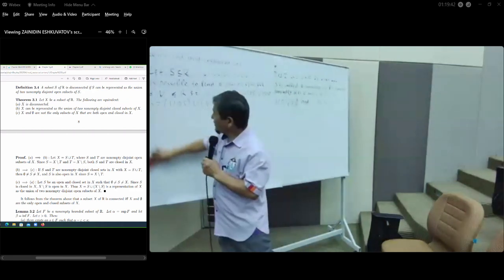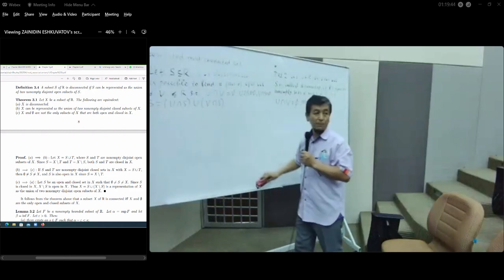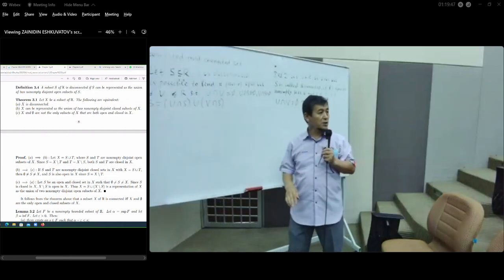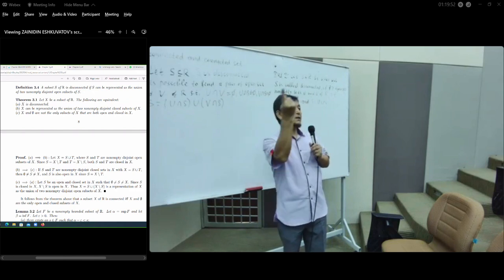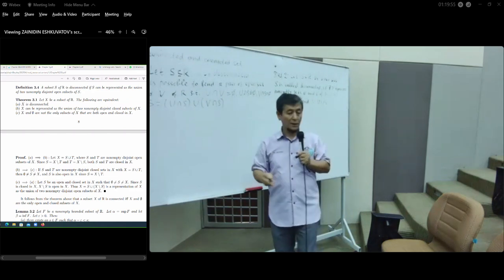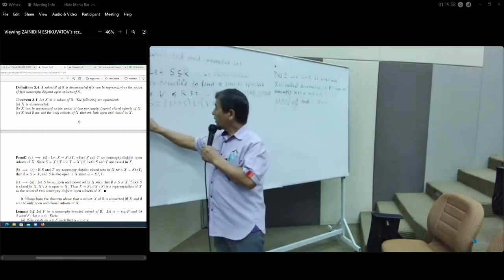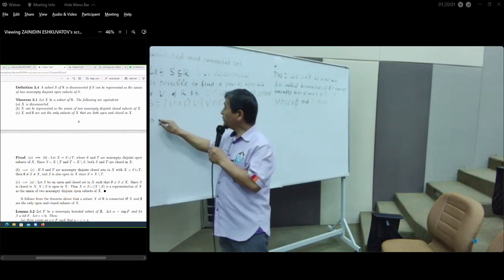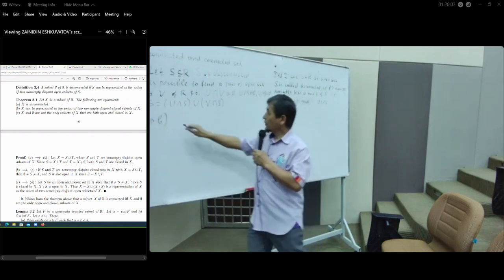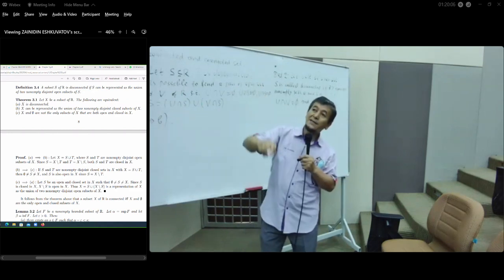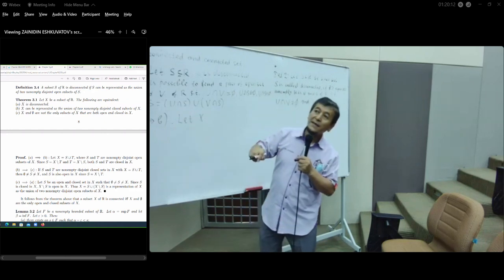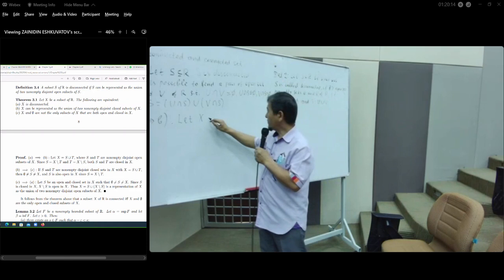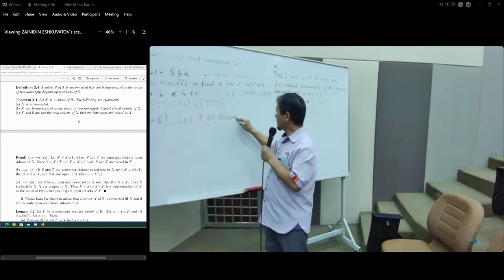From A we reach B, from B we derive C, and from C we derive A. Usually that is the proof. So we will prove from A to B. Let X be a disconnected set.